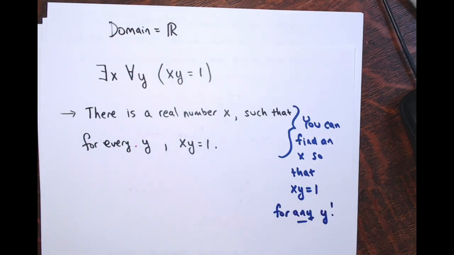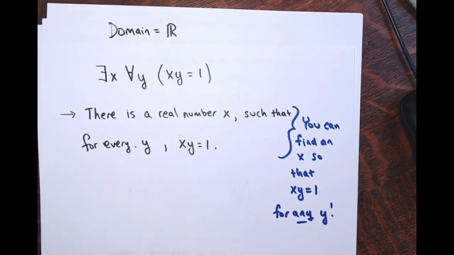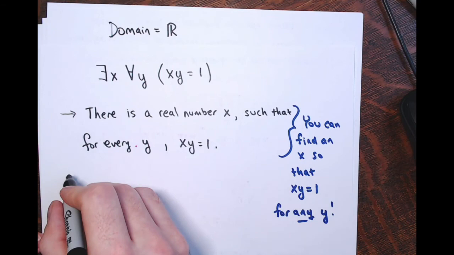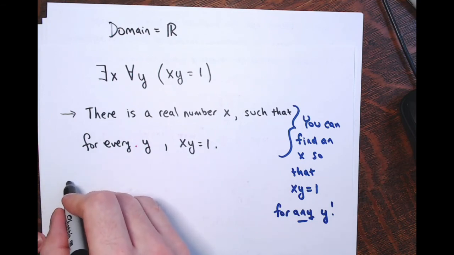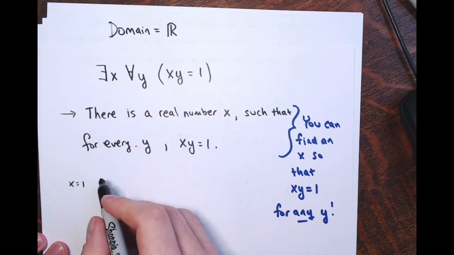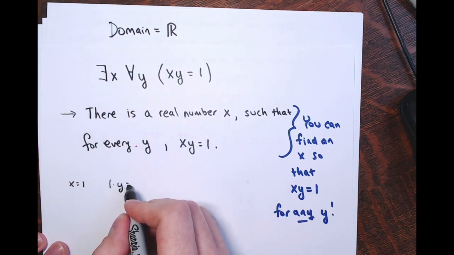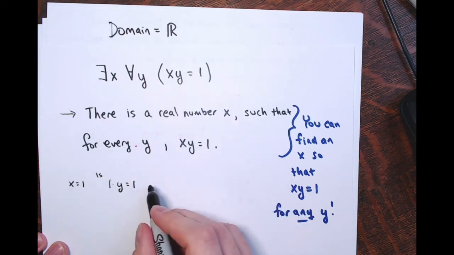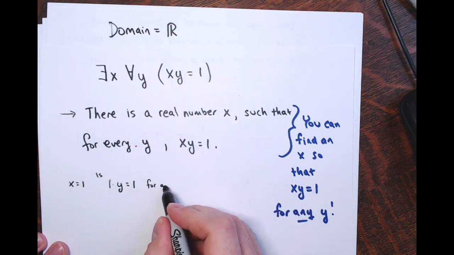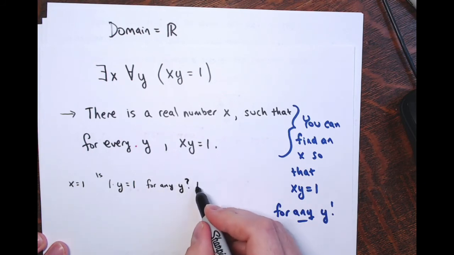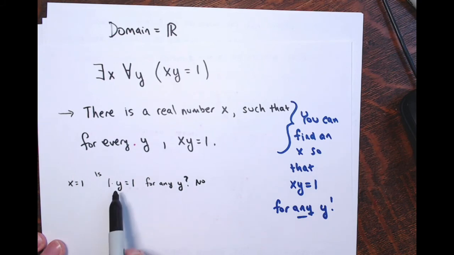Well, can you? Let's play around. How about when x equals 1, is that going to make this work? Is 1 times y equal to 1 for any y? No, it's not. 1 times y equals 1 only when y is 1.